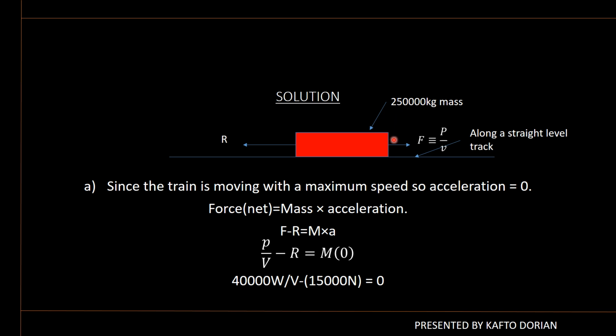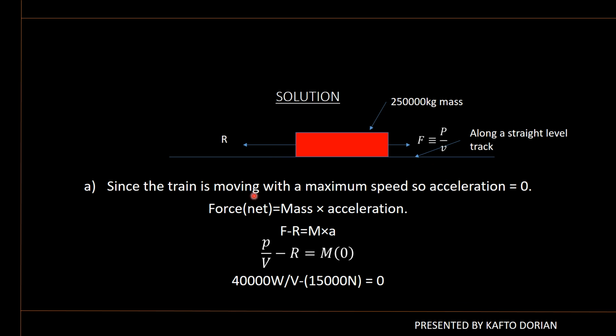So the force that is applied here is given by the constant rate, which is the power on the velocity, and the force that is always opposite to the force is the resistance. The resistance is always opposite to the force. I'll repeat again myself. The resistance is always opposite to the force.